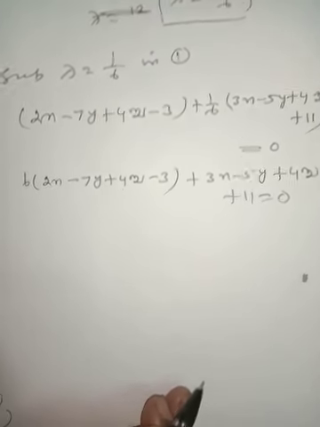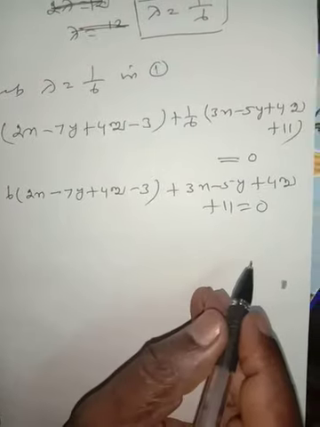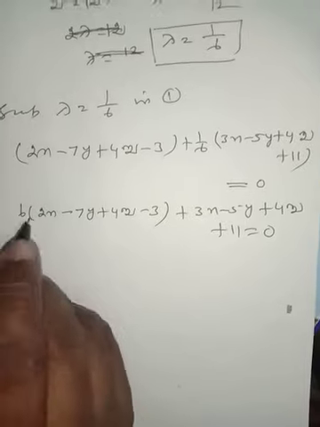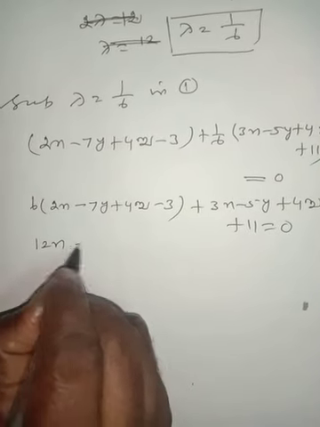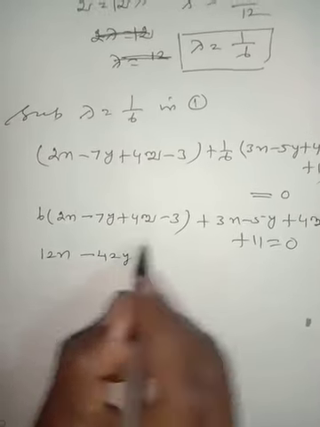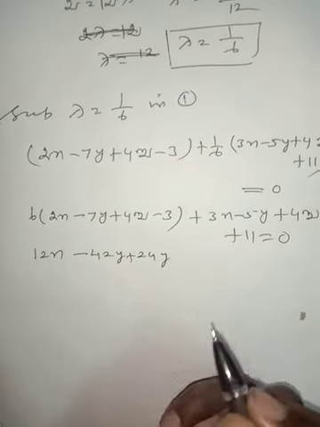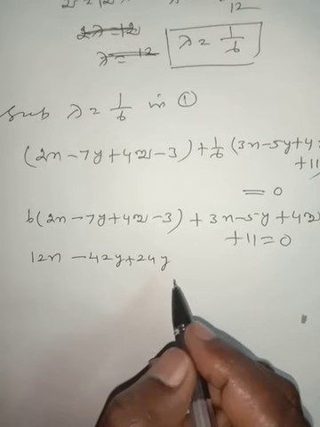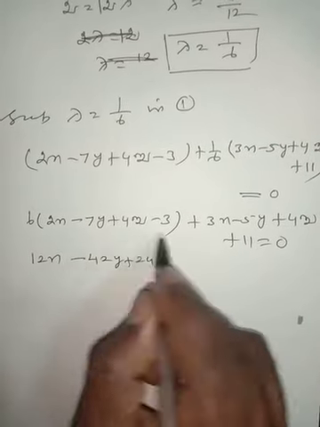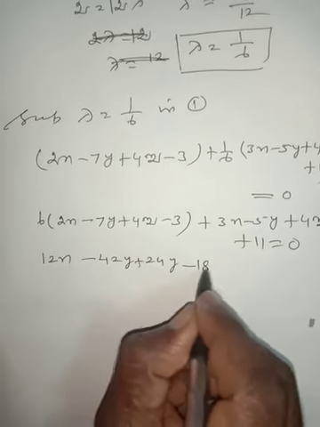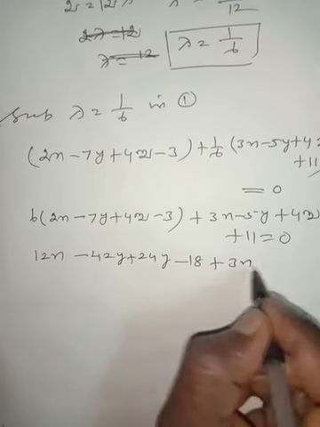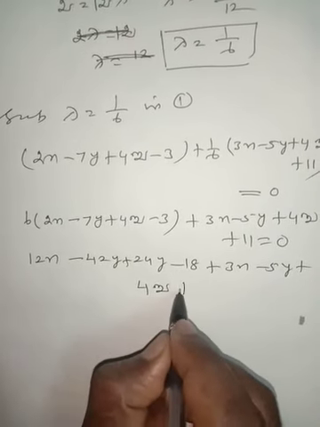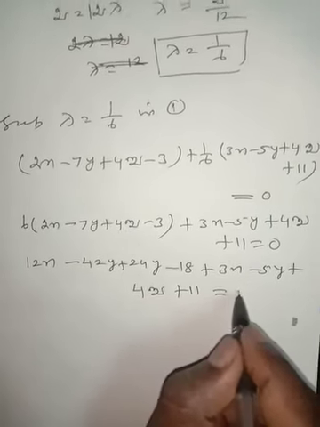This means 12x minus 42y plus 24z minus 18 plus 3x minus 5y plus 4z plus 11 is equal to 0.